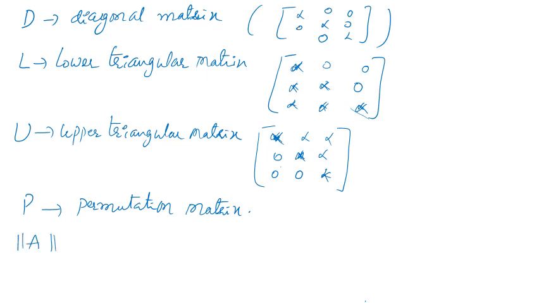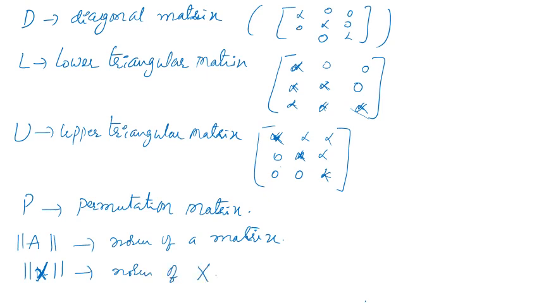This is norm of a matrix, and this is norm of a vector X. These are the notations.